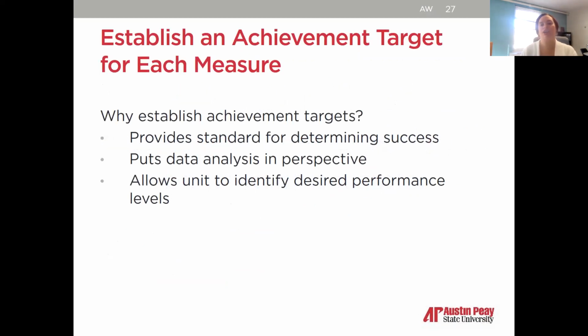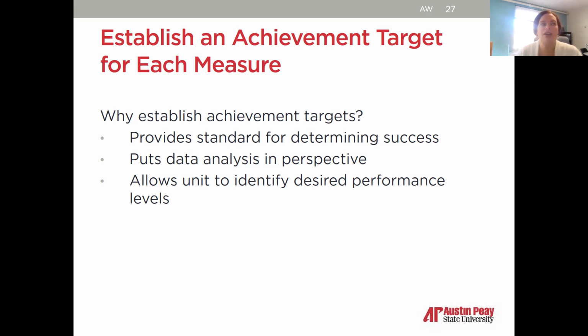So every measure has to have what we call an achievement target, which is basically just a level of performance that you expect or that you hope for. And the wonderful part about achievement targets is you decide your own. So there is not some outside idea of what your achievement target for a measure should be. It's whatever you think is appropriate for your office or your unit.